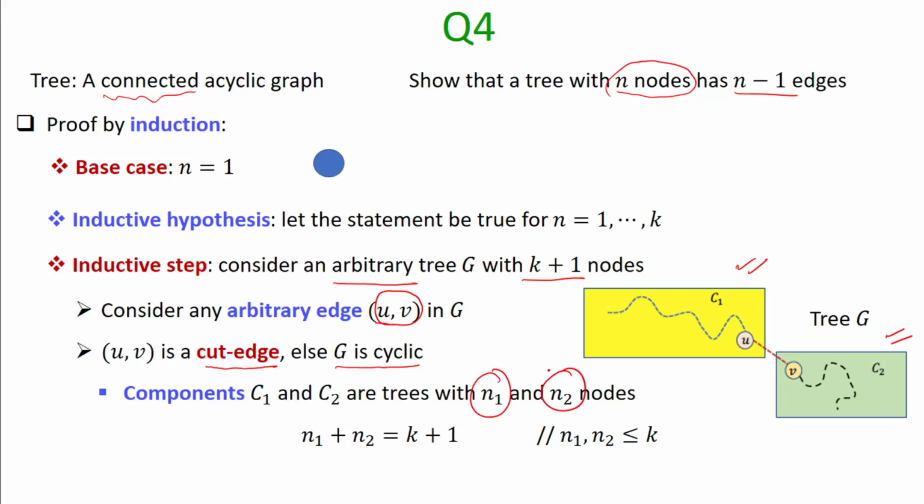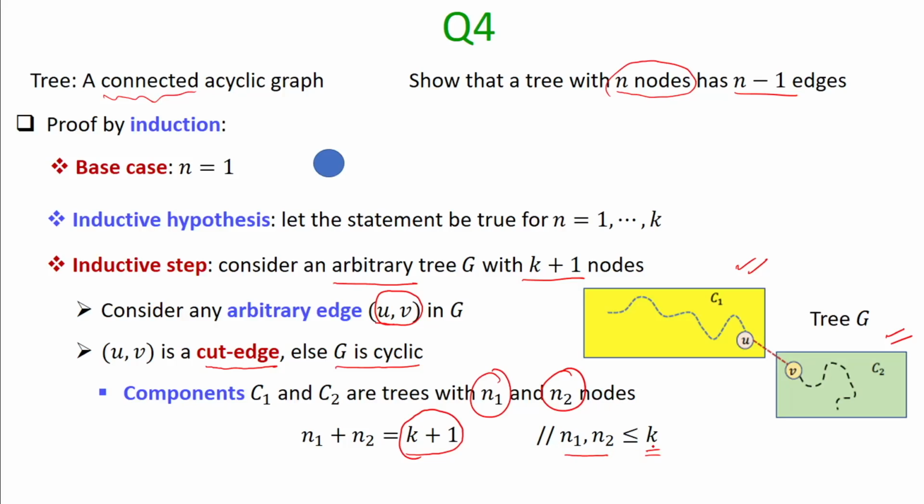But what I know is that if I sum up the number of nodes in C1 and the number of nodes in C2, that will give me the total number of nodes in the tree, which is k plus 1. And I also know that both n1 as well as n2 are upper bounded by k. This is because C1 and C2 are disjoint, right? And both of them are non-empty.